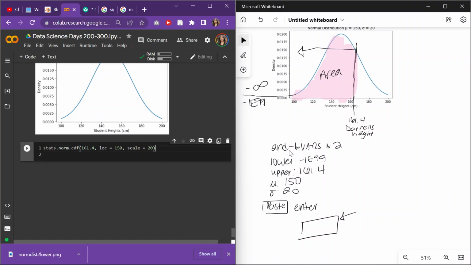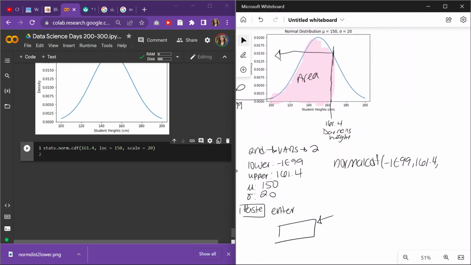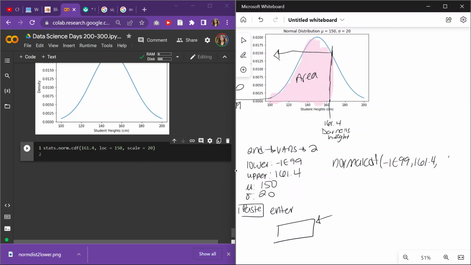So basically it would be normal CDF, lower bound -1E99 to 161.4 with a mean of 150 and a scale of 20.